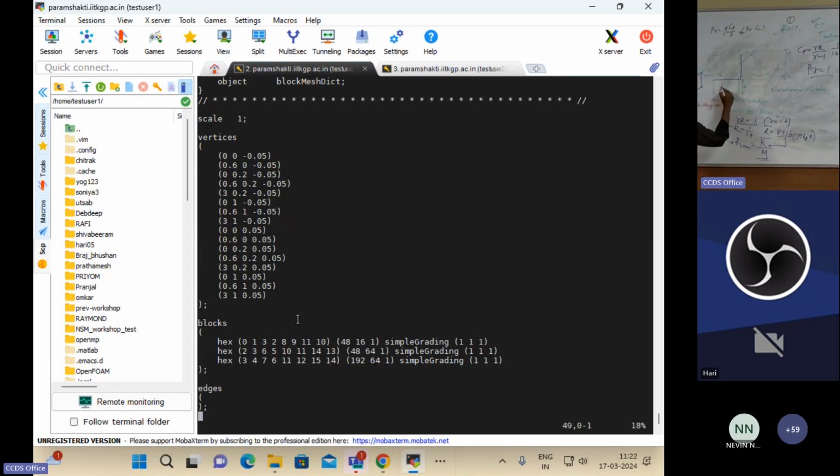For each block, that cube will fit, right? So for each block, there are certain entries of the points. You need to define vertices over here as well. So if you plot all those points properly, or if you are able to visualize it, these are the points in the front and back plane. There are 3 blocks over here.